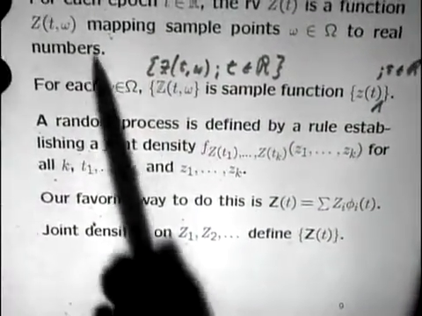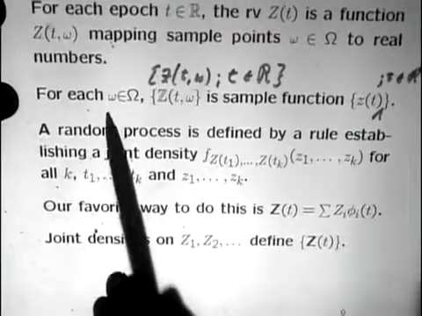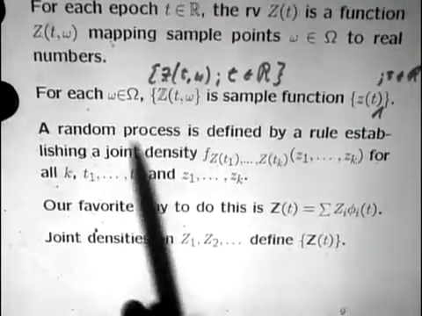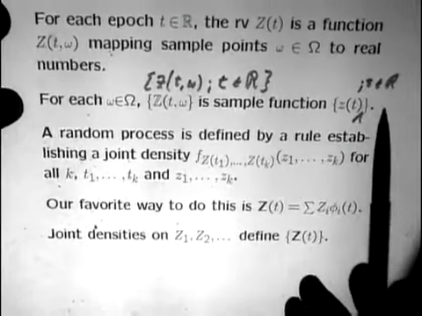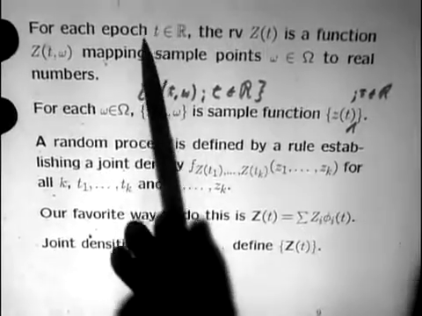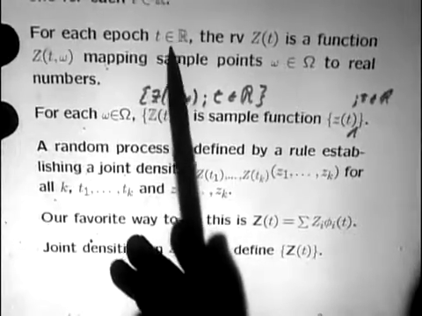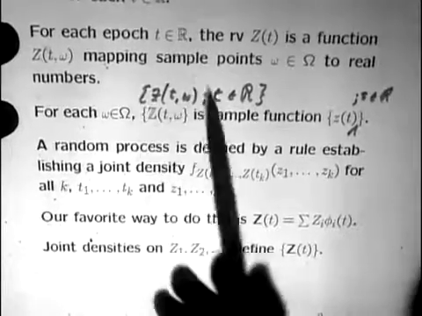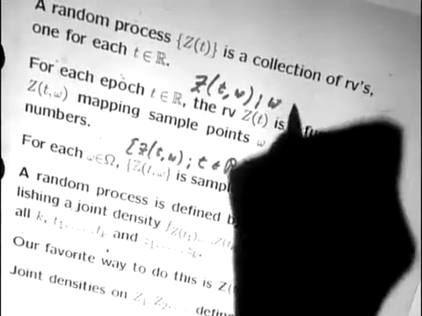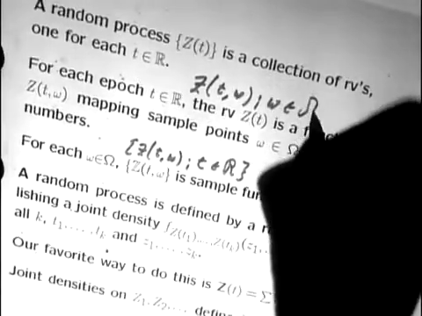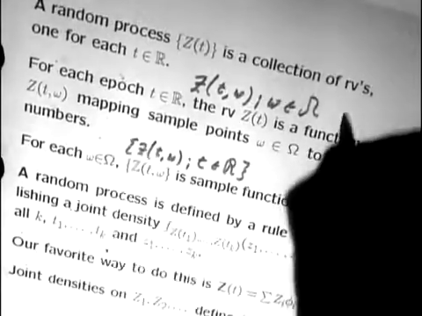A random process is, okay. I want to look at two different things here. Here we're looking at a fixed sample point, which means that this process for a fixed sample point corresponds to a sample function. If instead I look at a fixed time, a fixed epoch t in R, and I say, what does this correspond to as I look at Z(t, omega) over all omega in this big messy thing, fixed t.